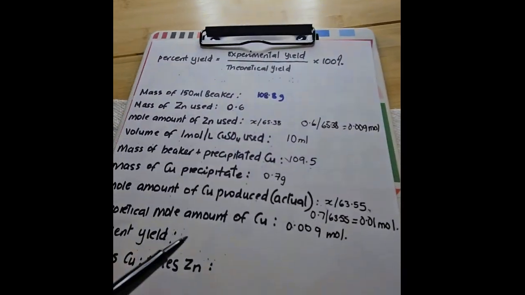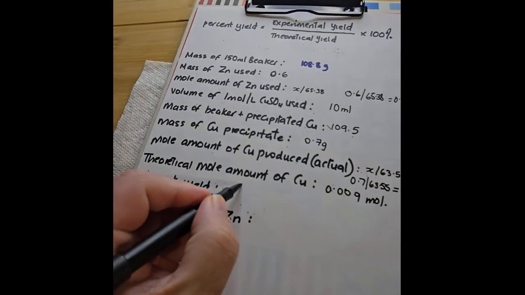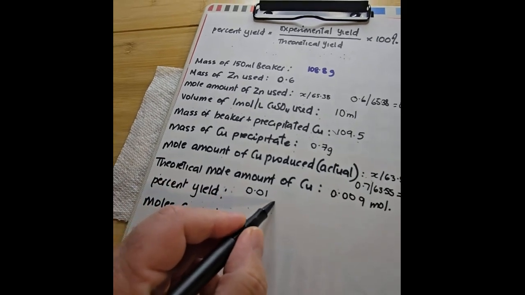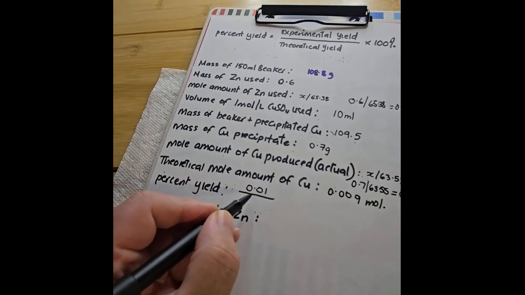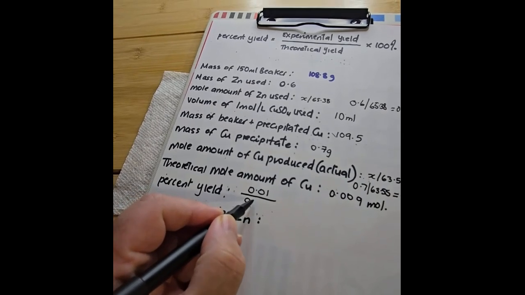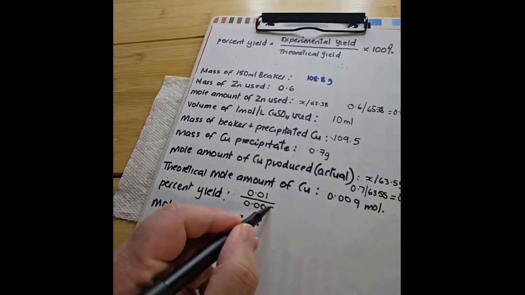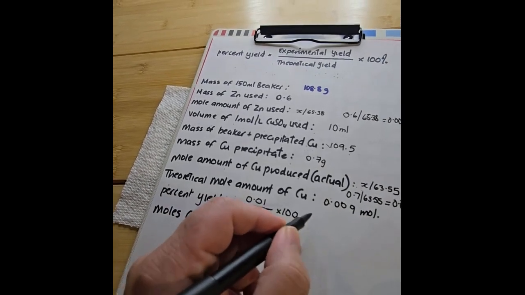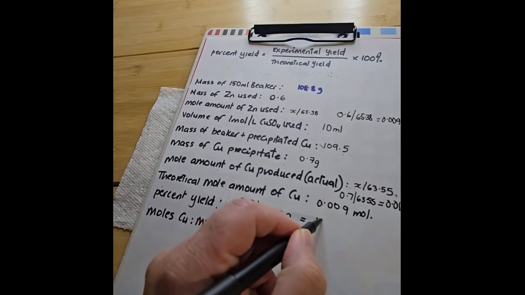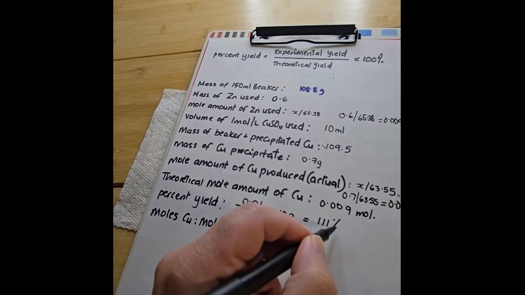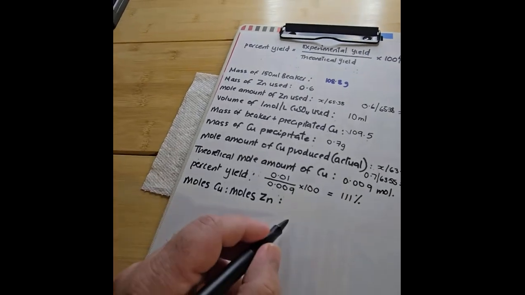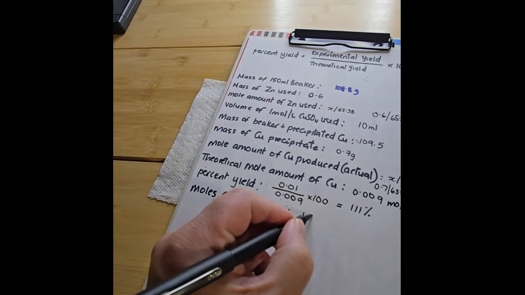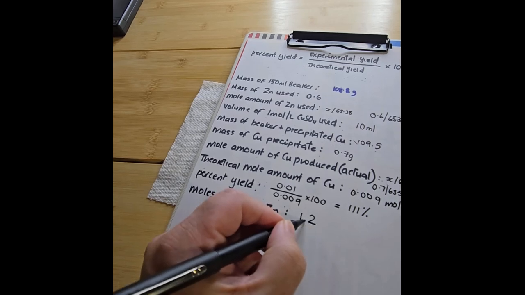So our experimental yield is 0.01, and then the theoretical yield is 0.09, times 100. That equals 111%. So the ratio is calculated as 1.2.